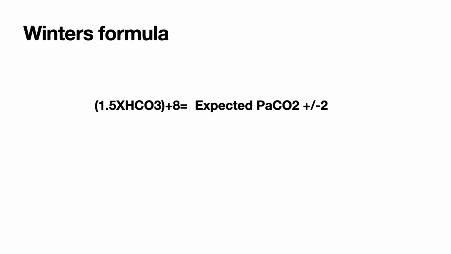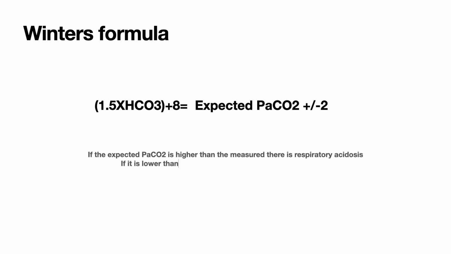That will give you the expected PaCO2. Of course, if the expected PaCO2 is higher than the measured, then there is respiratory acidosis. And if the expected PaCO2 is lower than the measured, then there is respiratory alkalosis. So either the patient is underbreathing or overbreathing.